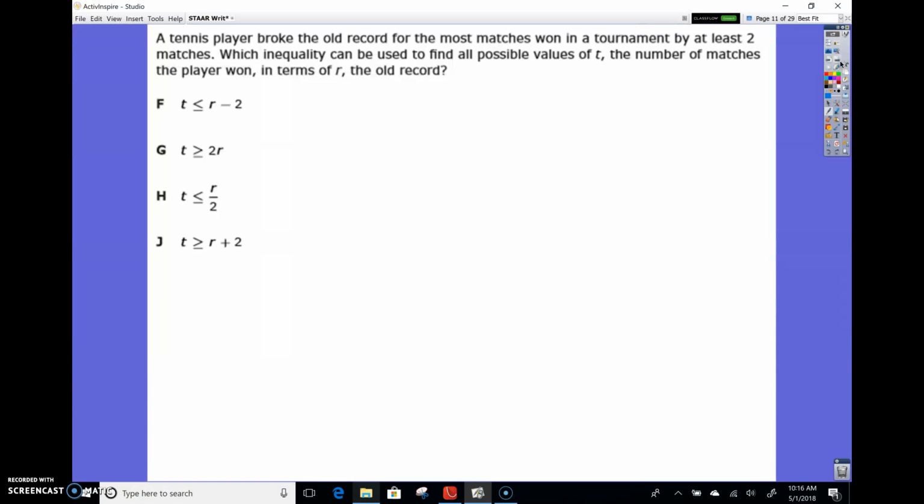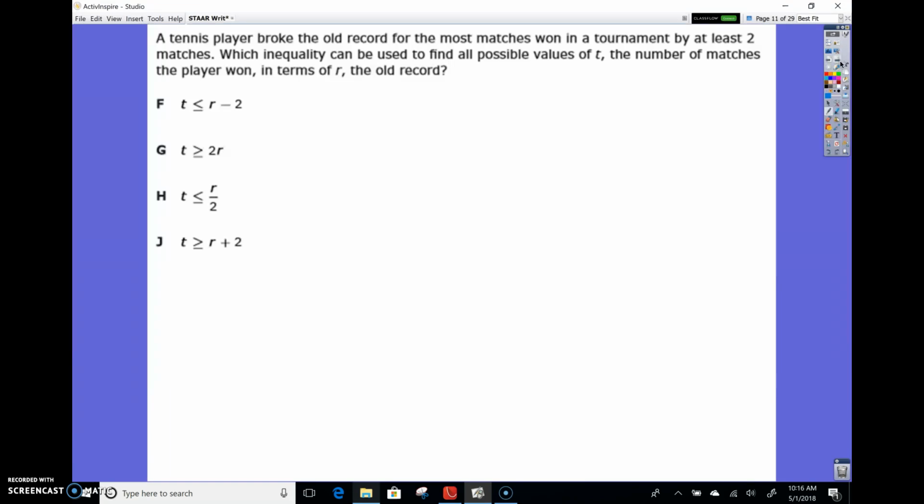A tennis player broke the old record for most matches won in a tournament by at least 2 matches. Which inequality can be used to find the number of matches?